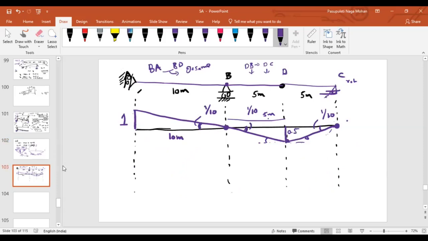Similarly, now the ILD for VA. Let us say there is a load of 100 kilonewton moving from left to right.